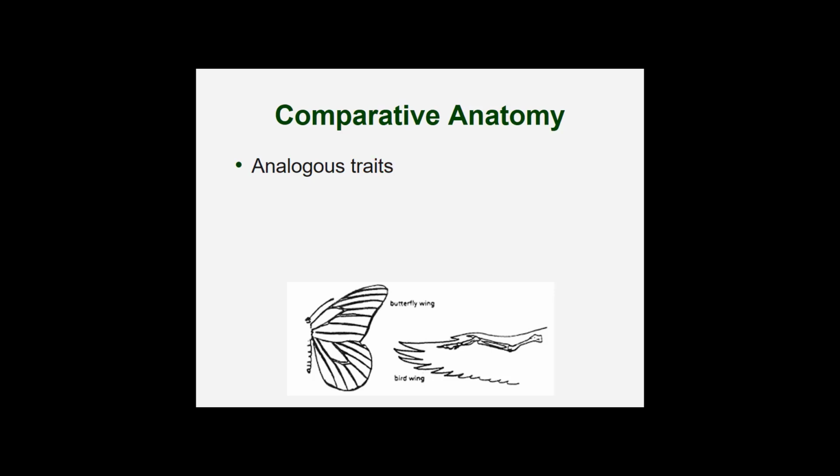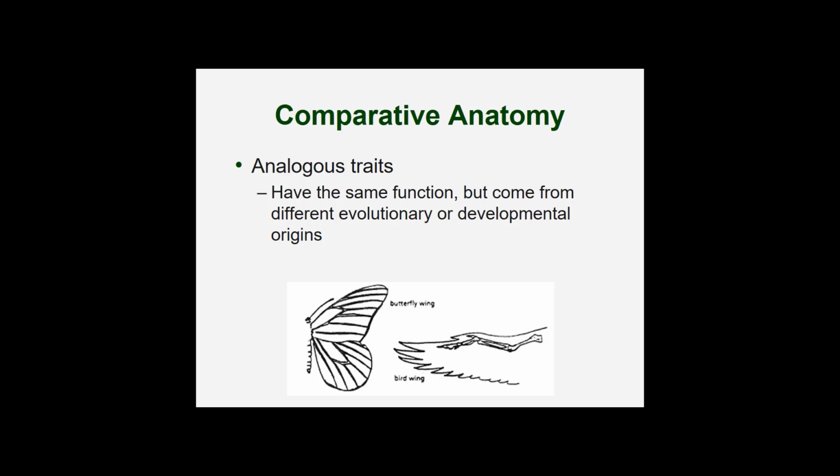Now, another type of trait that we might talk about are analogous traits or analogous structures. Analogous structures have the same function, but have different evolutionary or developmental origins. A great example we might look at here is the wing of a butterfly compared to the wing of a bird.